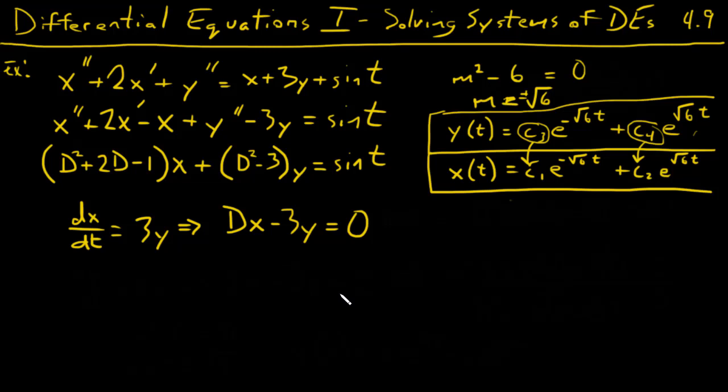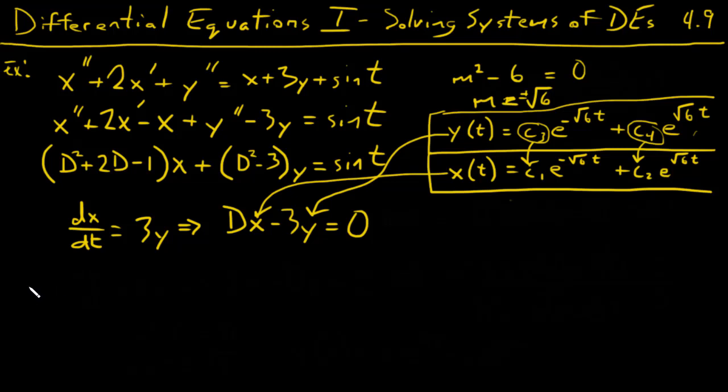Okay? So I'm now going to plug this x into this x and this y into this y. If I do that, I'm going to get the derivative of this stuff. So this is going to be, I guess I can put the negative root on the outside, doesn't really matter.